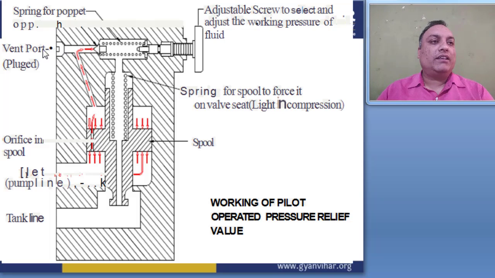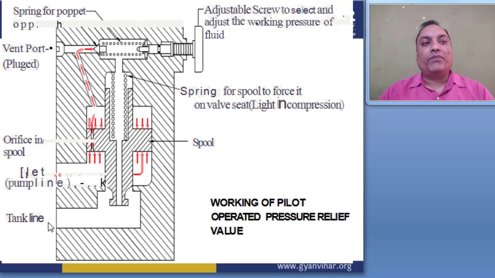This is the vent port, and here one plug is connected inside it, and this pressure gives a force on this poppet. So this poppet suddenly opens, and then liquid is passed through this line to this line again.